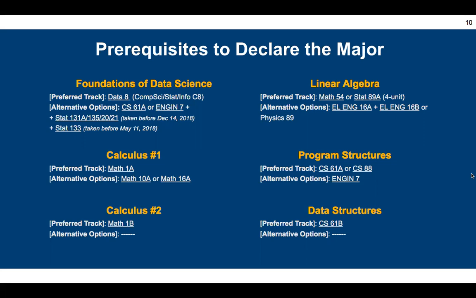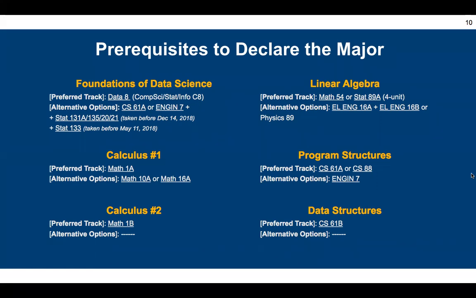You can either take CS 61A or Engineering 7 plus Stat 131 plus Stat 133. And you also have the linear algebra requirement. You can take either Math 54 or Stat 89A, or you can take electrical engineering 16A and 16B, or you can take Physics 89. And for the calculus requirement, you can take Math 1A or Math 10A or Math 16A.